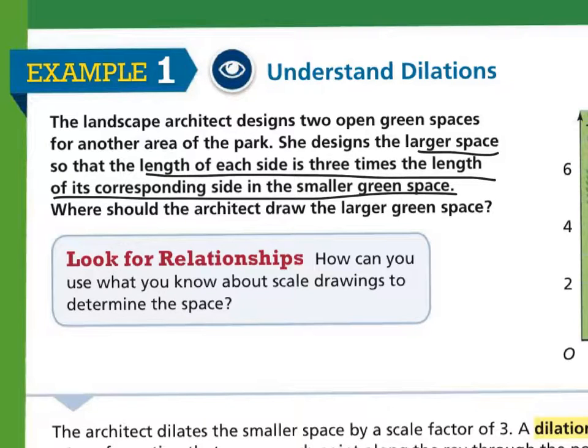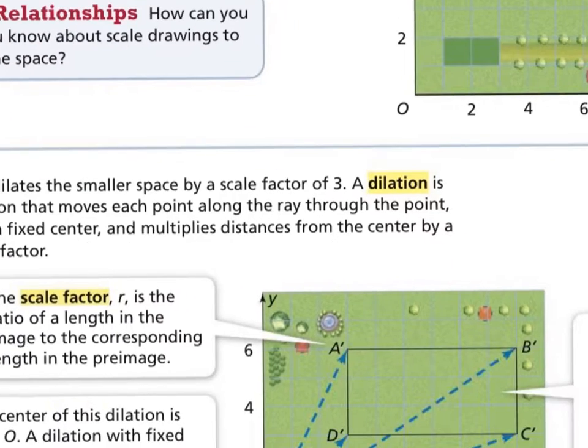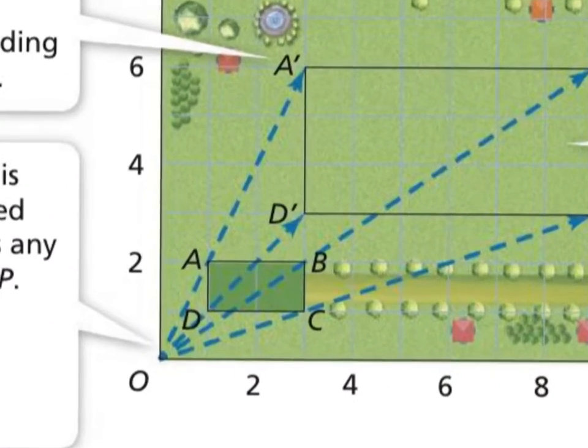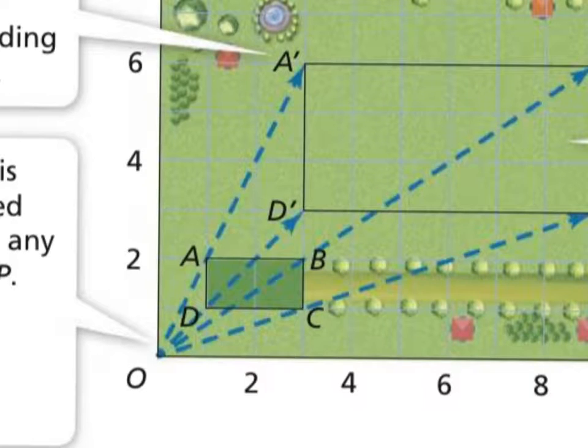Where should the architect draw the larger green space? To start out with, we have this rectangle, and it's a 1 by 2 rectangle. If we make those 3 times as big, they're going to go to a 3 by 6. 1 times 3 is 3, 2 times 3 is 6.